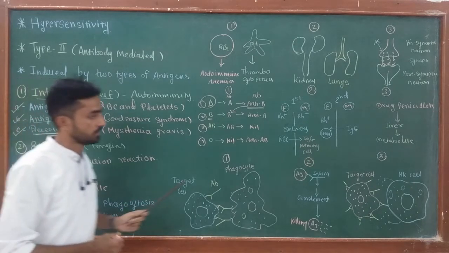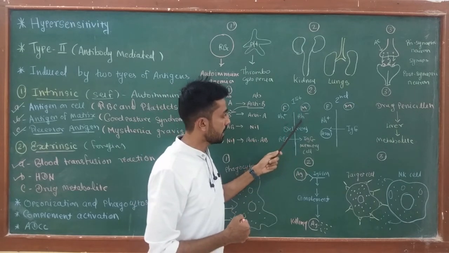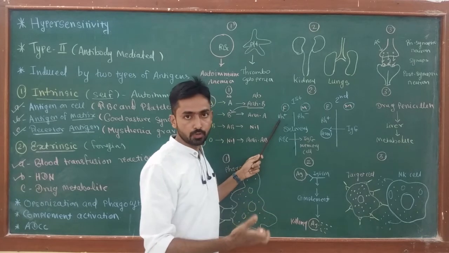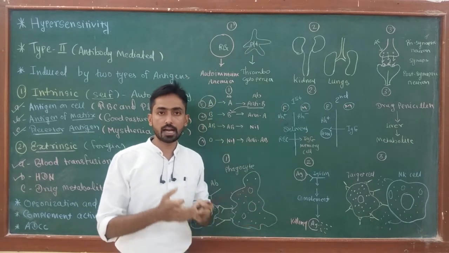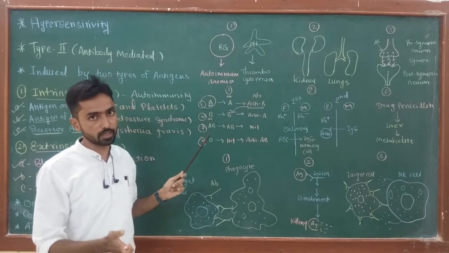Here you can see the condition occurs when the mother is Rh negative while the fetus is Rh positive. Okay, the mother is Rh negative in any blood group: A negative, B negative, AB negative or O negative.